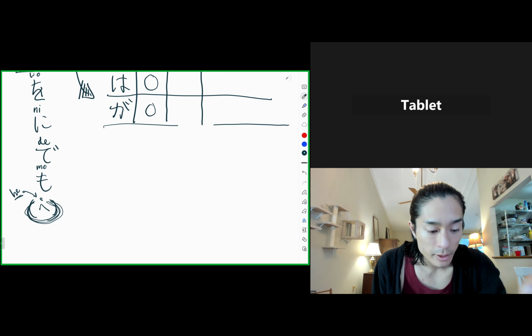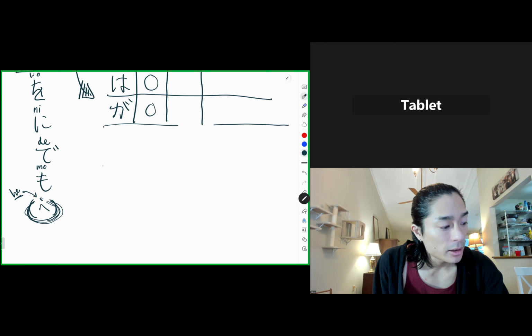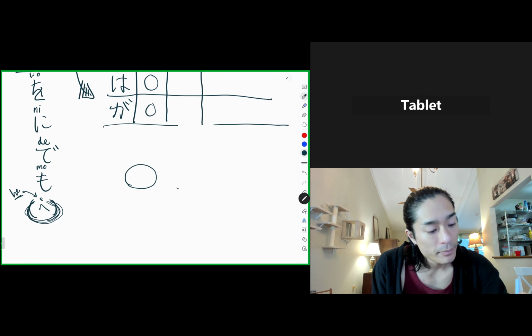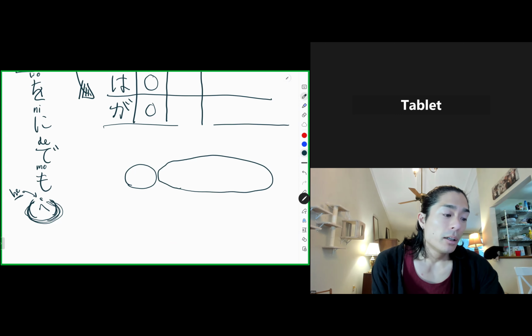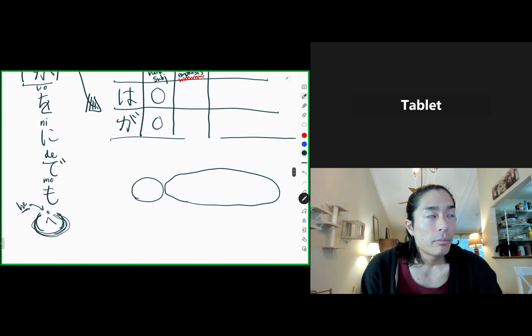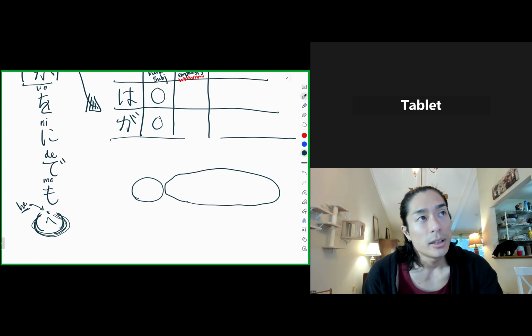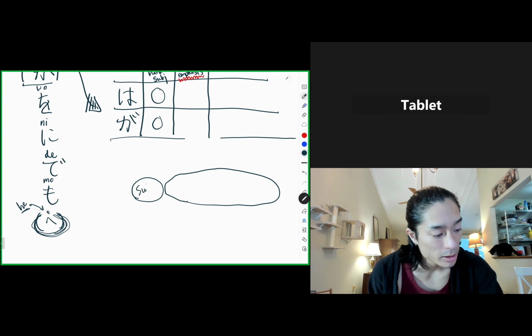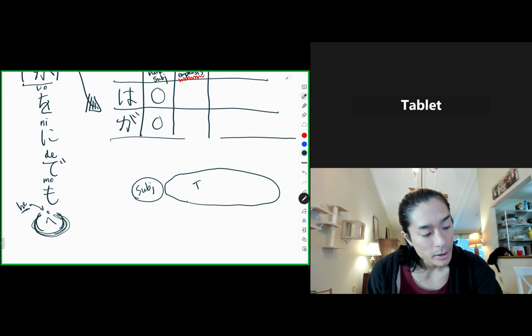Okay, enough of that. Linguistically, this is just one opinion, but any sentence in any language can be simplified into two parts, and that's subject and topic.